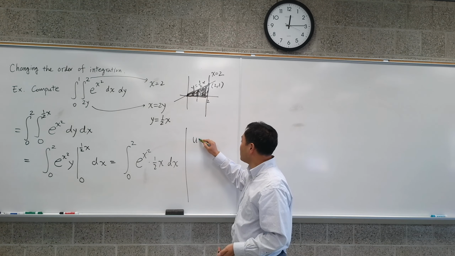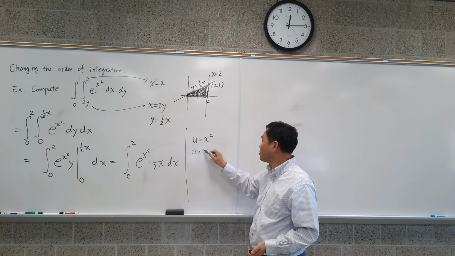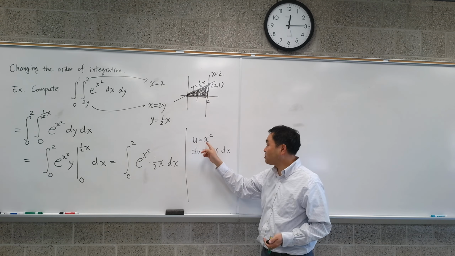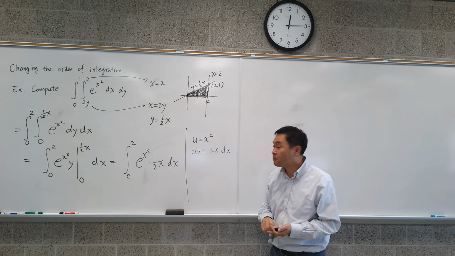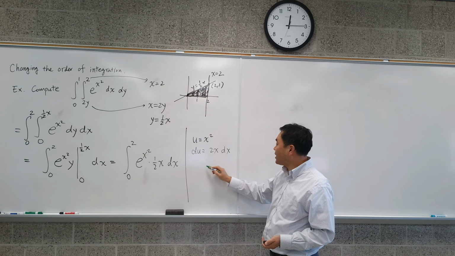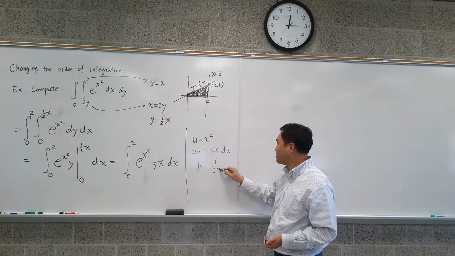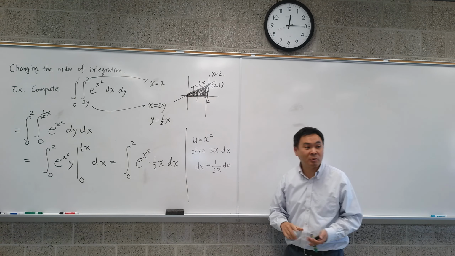You set u equals x squared. Then du is equal to 2x dx, right? So du means that you differentiate this by x and you attach the dx, okay? And then you solve for dx, so that dx is equal to 1 over 2x du. This is what you get by dividing both sides by 2x.